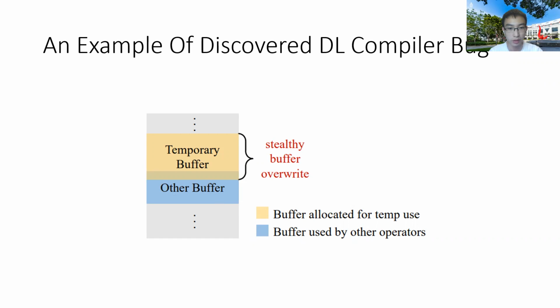The produced deep learning compiler executable, when doing forward inferencing, may use some temporary buffers for storing the intermediate computational results. However, one buggy situation is that those temporary buffers override another buffer that is currently used by other operators. Therefore, this stealthy buffer override will result in the wrong model output.